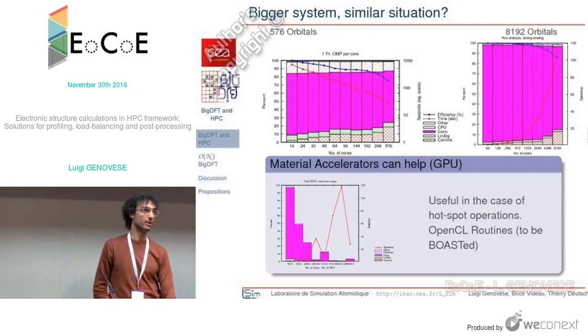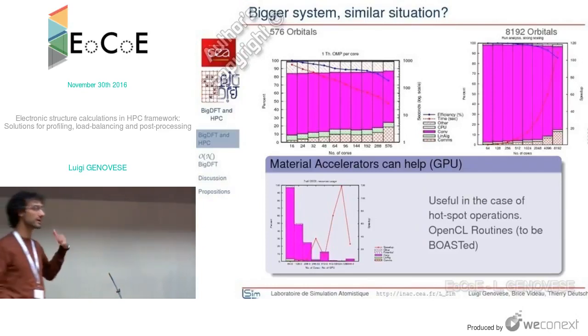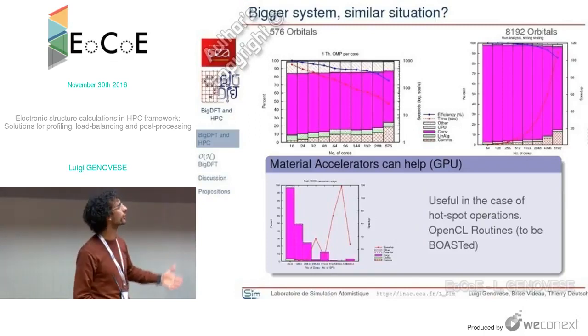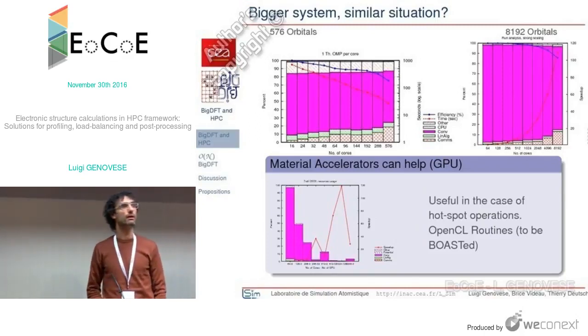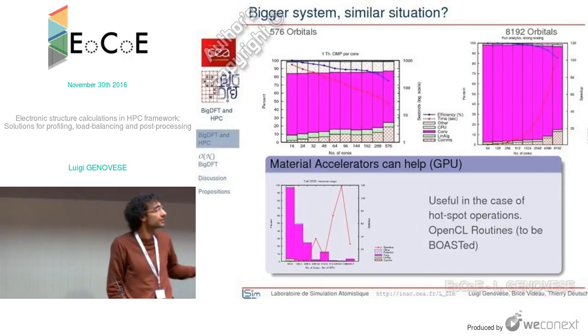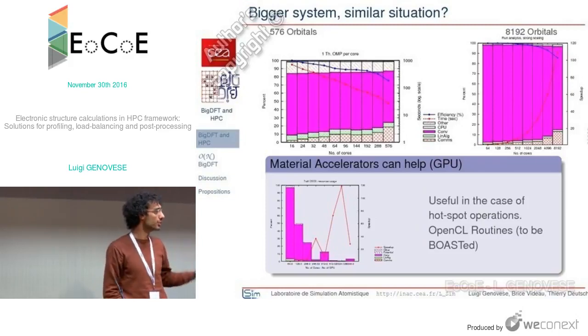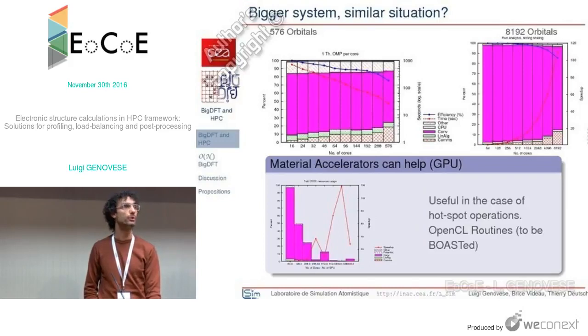In our case we used OpenCL. The idea, as Brice discussed, is also to move in the direction of boastification of these kernels within the context of GPU acceleration. For some kinds of systems, you can get speed-ups of a few orders of magnitude. So you really can do new physics and explore new spaces in your research thanks to this approach.